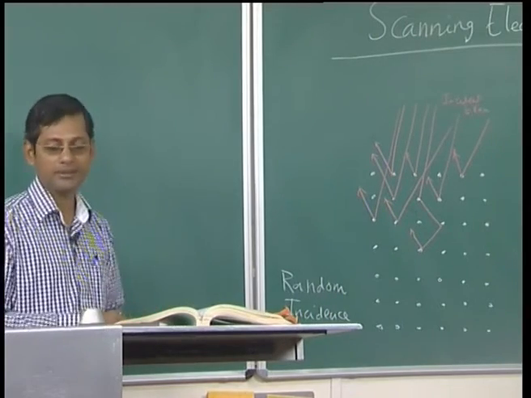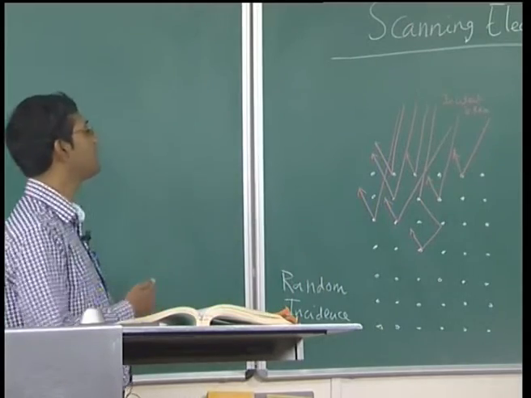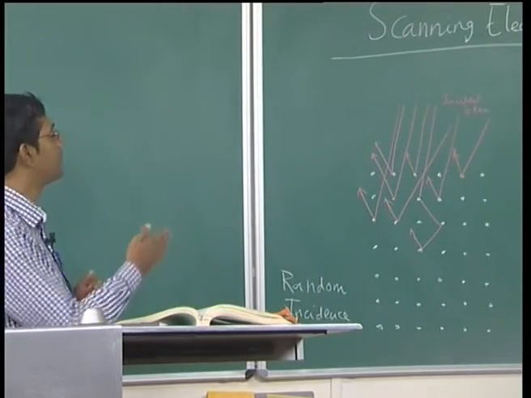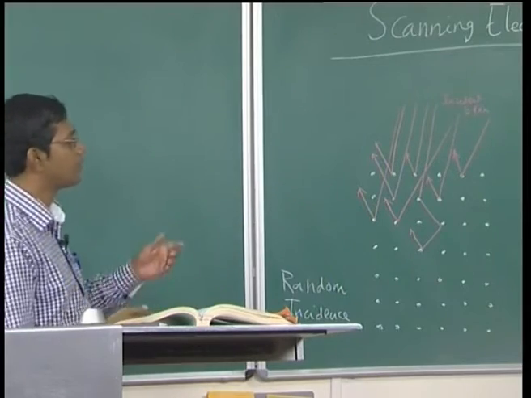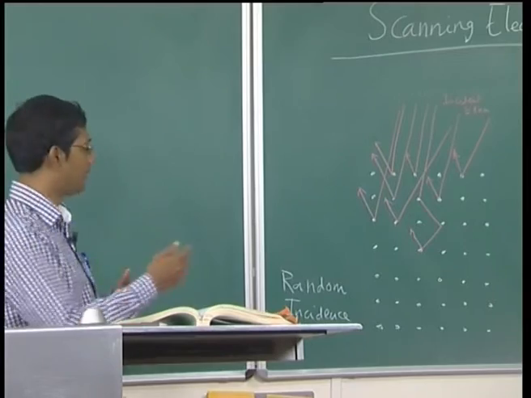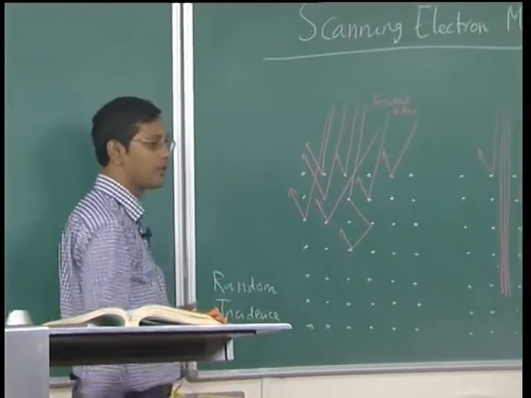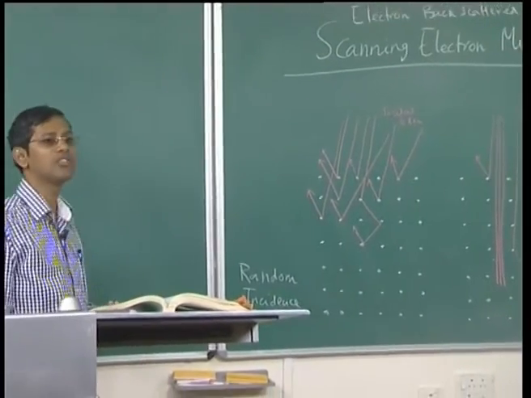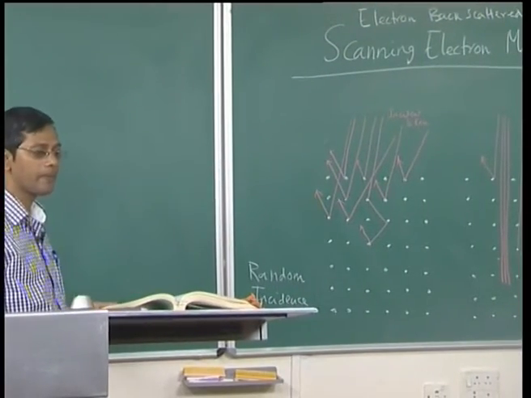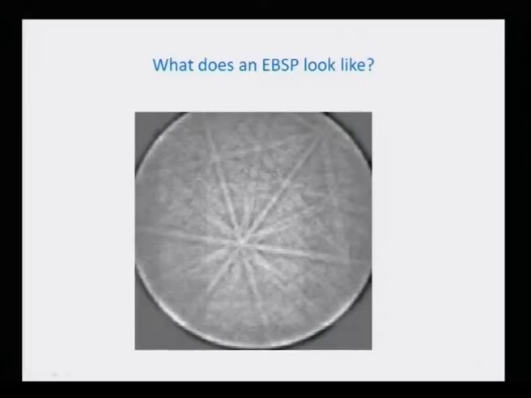If we vary the electron incident angle from random to the symmetry directions, we can modulate the intensity, or actually the yield, of the backscatter electrons, and get what are known as channeling patterns. This is what I have shown you here. Let me show you one such pattern.